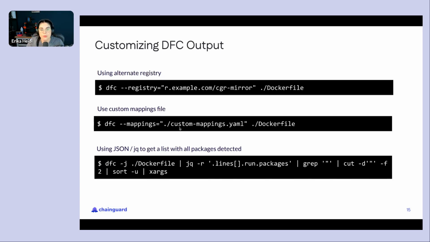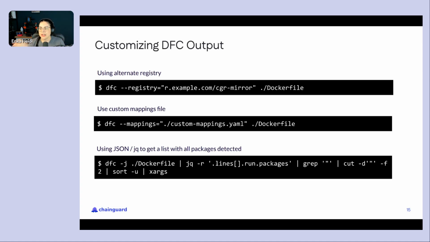You can also use a custom mappings file. So this will also take precedence over the default mappings file that DFC uses. So if you want to use a specific image when converting, I will show you an example, a valid use case, and how it works in the demo in a moment.